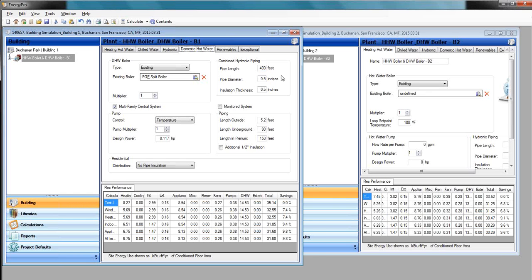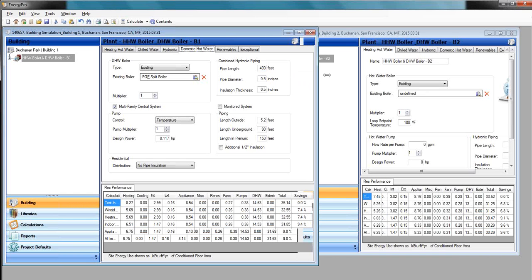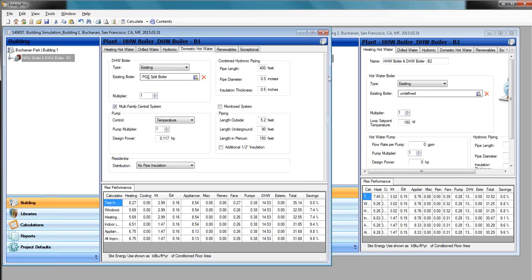It's always a good practice for inputs, basically before you go on site, to ask what do I need to collect. You want to really be specific with what you're looking for, and a good guidepost to use is, what do you need to put into EnergyPro to get the result you're looking for?